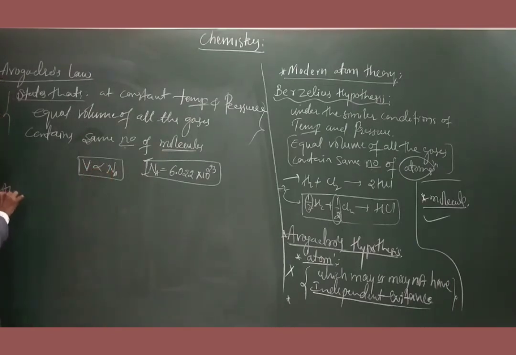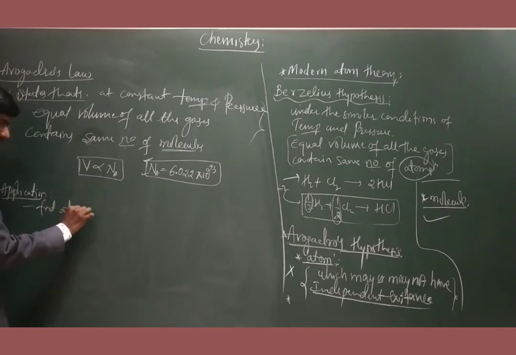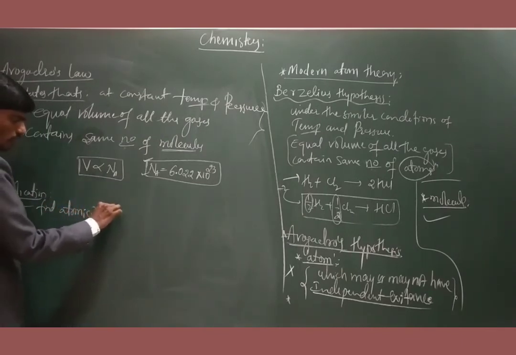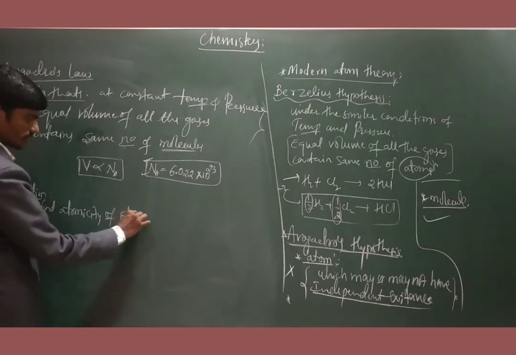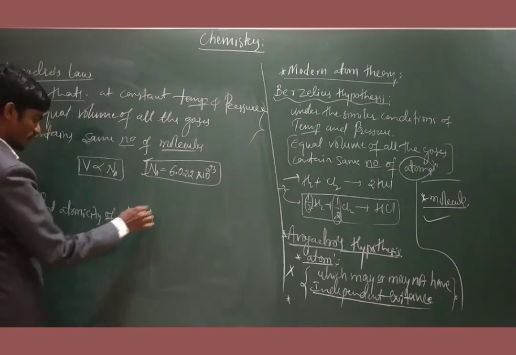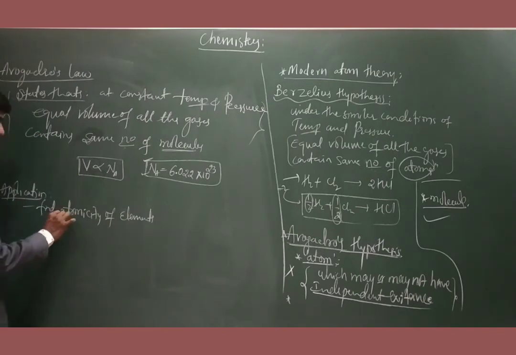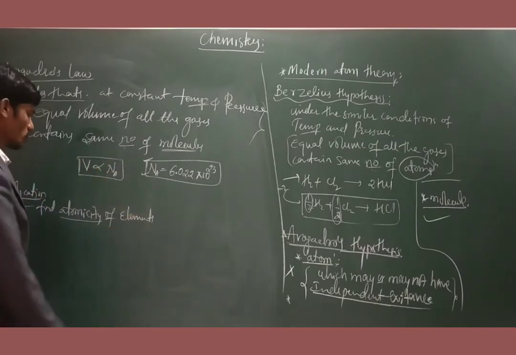Its applications, so note the applications. Application: it helps to find atomicity of elements. What is atomicity? Atomicity is nothing but the number of atoms of an element present in a molecule.